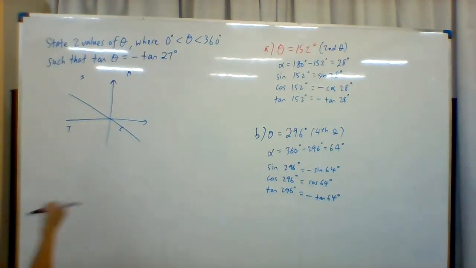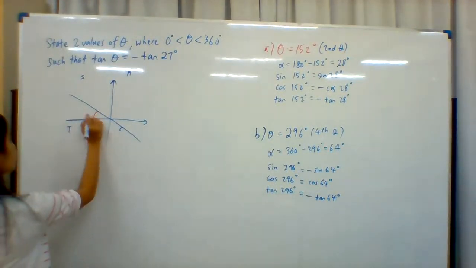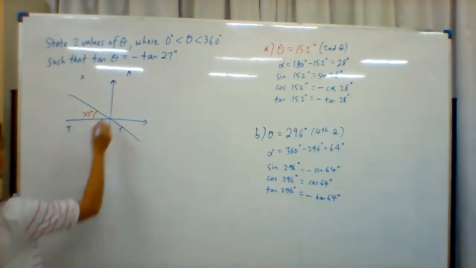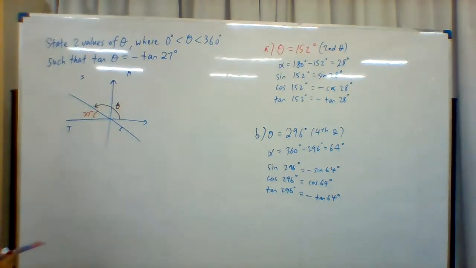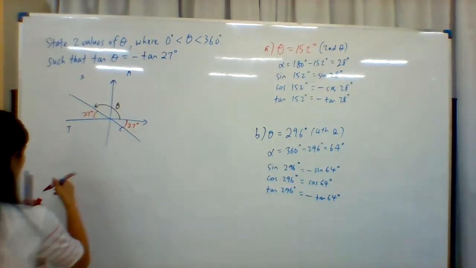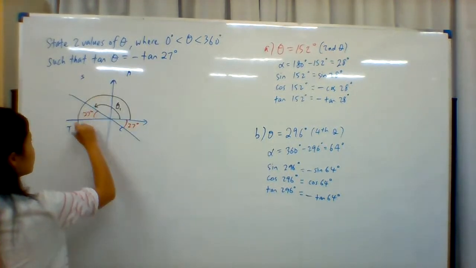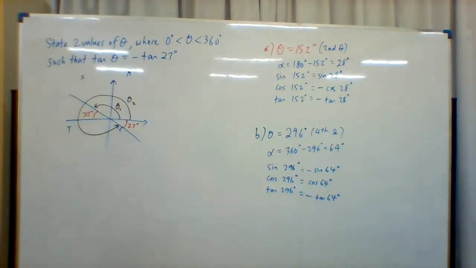So we know that if let's say your basic angle is 27 over here, you will have one answer that goes from here to here. This will be your theta, or I mean two values of theta, right? Two possible values because it could be the second and the fourth. And then another one, your basic angle will be here also 27. Therefore, this is your theta 1. Your theta 2 can be all the way until here. Right?